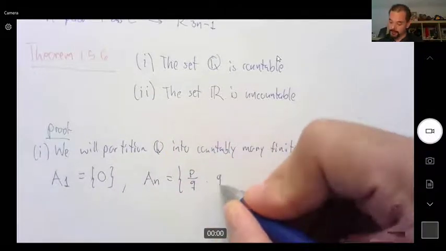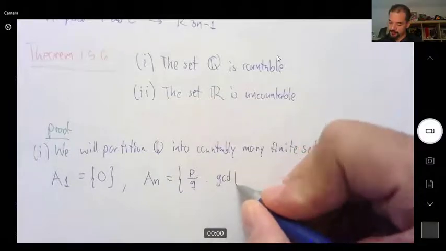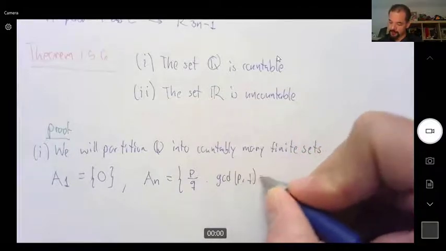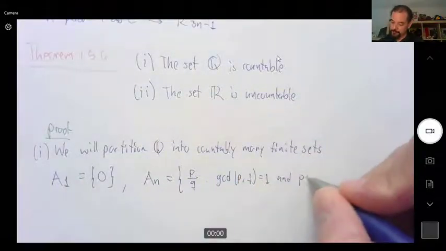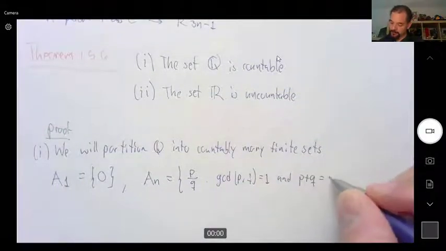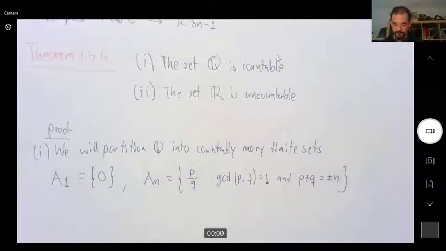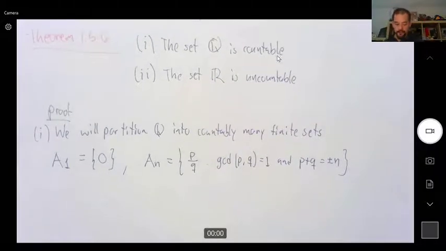So we can say that by saying that the greatest common divisor of P and Q is 1, and P plus Q is either N or negative N. That's our definition, okay?